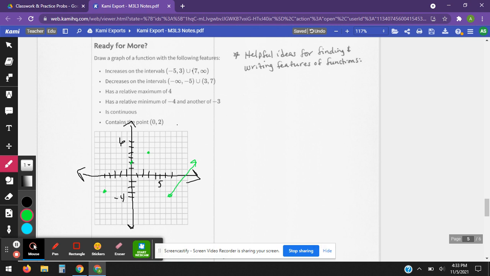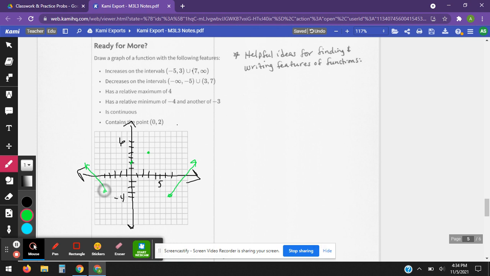Well, I'm just going to do these as my minimum and maximum. Relative to whatever. Oh yeah, because it goes on forever. So it is decreasing from negative infinity to -5.